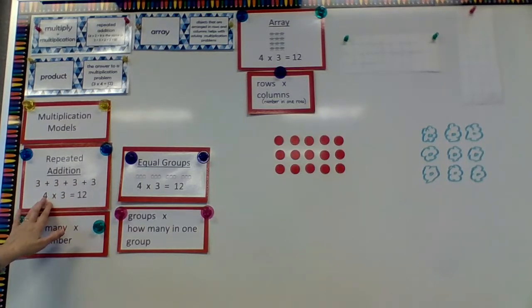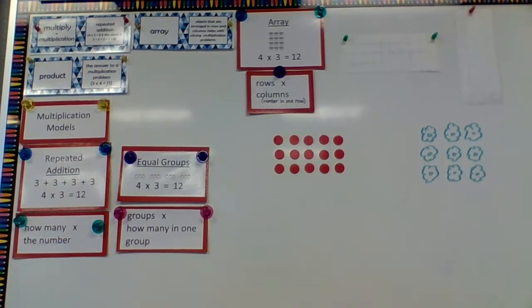If we were to write a multiplication sentence, how many times did we write the number? 4. What was the number? 3. 4 times 3. 4 times 3 equals 12. You can get that answer just by counting by threes. That's what multiplication is, counting by threes, counting by tens, counting by nines.